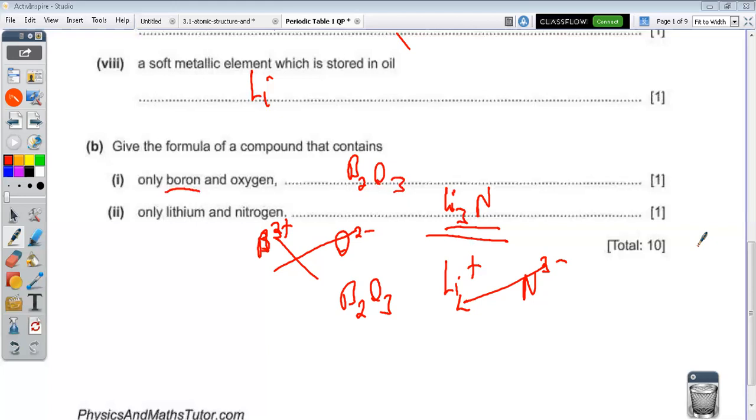How many lithiums are there? 3. So what should we say? Try lithium nitrate.